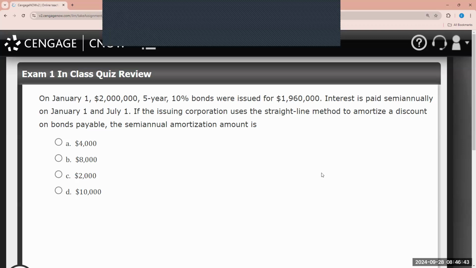The value of the item is $2 million, but it was sold for $1,960,000. Interest is paid semi-annually, so that means twice a year, which we see here is January 1st and July 1st.